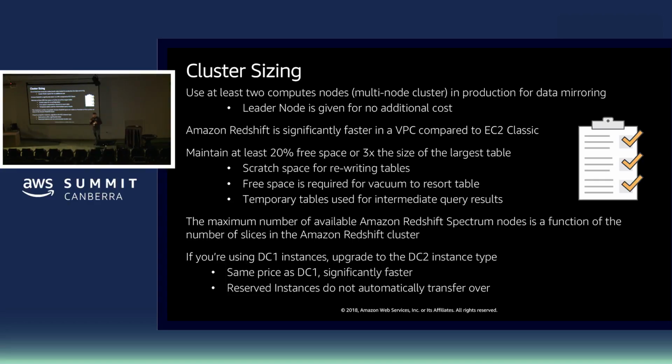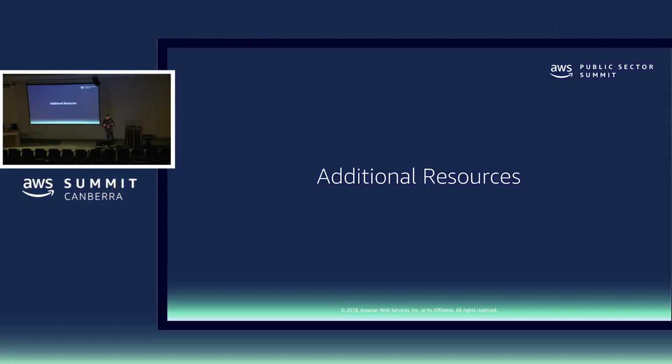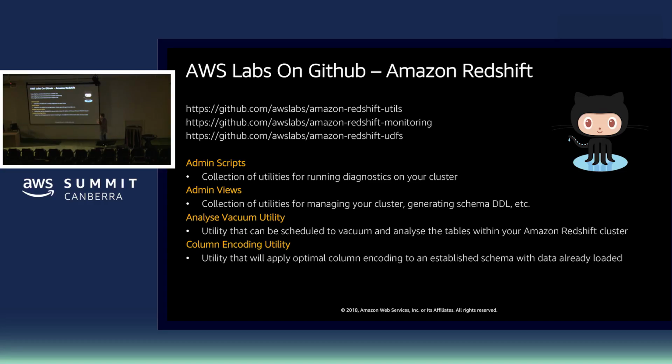Right? So, a few additional resources before I close this talk. Labs on GitHub. We have admin scripts, which allow you to do administrative tasks on the Redshift cluster. We have admin views. We have the Analyze and Vacuum utility that I spoke about, so you can do Analyze and Vacuum for all the tables in the Redshift cluster.